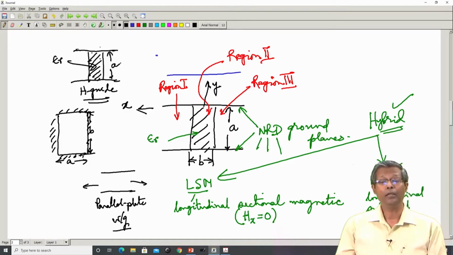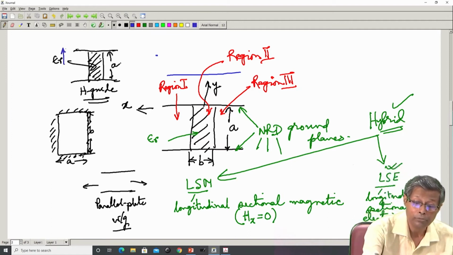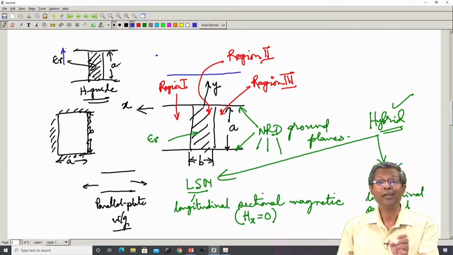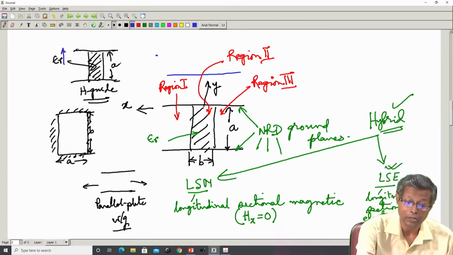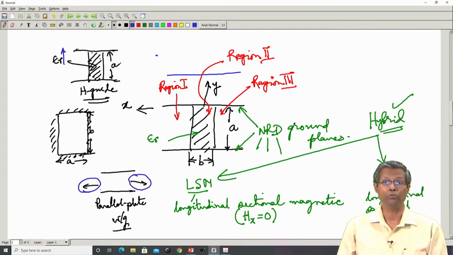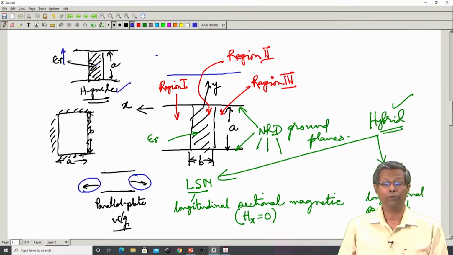If I increase the permittivity epsilon r, the idea is the more confined will be the modes inside the dielectric strip, and the radiation loss which is present in the parallel plate waveguide can be counteracted or reduced. That was the philosophy of the development of the H guide.